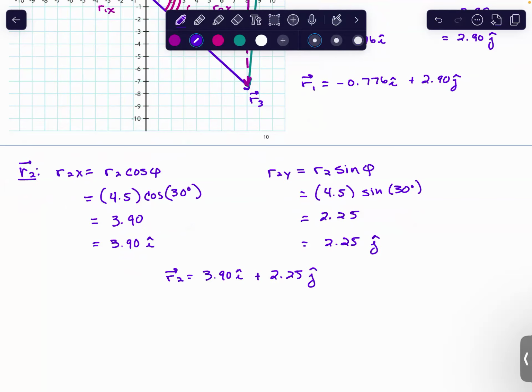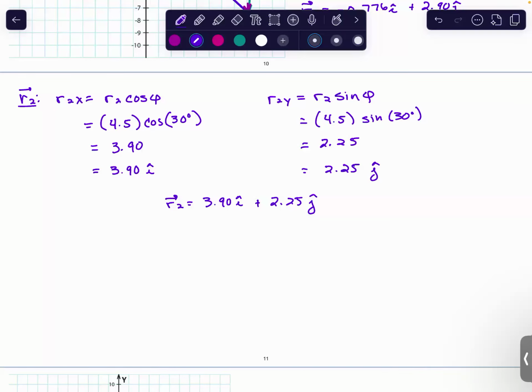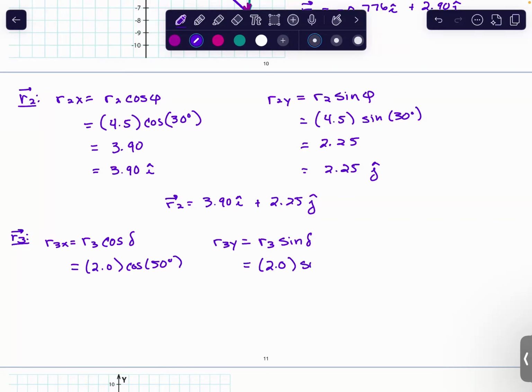Now let's get the third position vector. R3x is R3 cosine of delta, R3y, R3 sine of delta, and we're going to end up with 1.29.